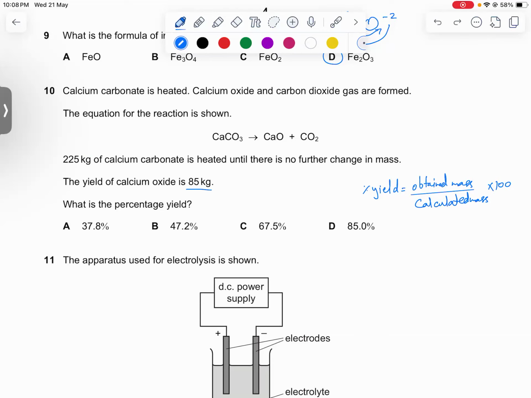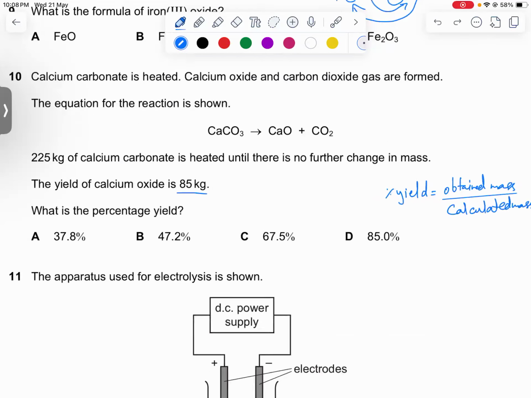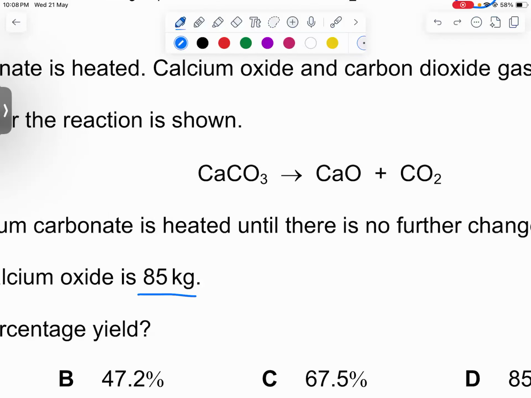Okay, so for that you should know a few things. Calcium carbonate, what's its molecular mass? Calcium is 40, carbon is 12, and three oxygens would be 48 because one oxygen is 16. So in total it has a mass of 100. I remember it has a mass of 100, but you guys can calculate it. 40 plus 12 plus 48, that is 100. And what is the mass of calcium oxide?